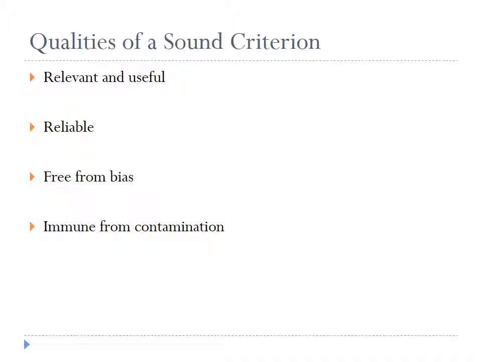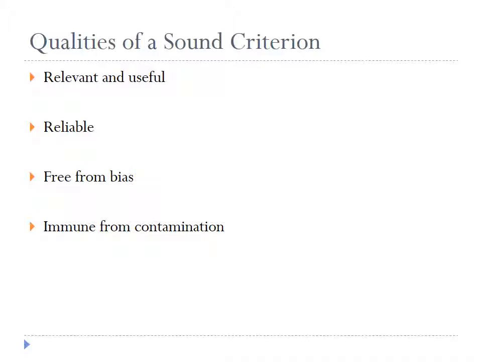When selecting criterion, there are a couple of items you should look for. Criterion should be relevant and useful. There should be a rationale for why they were determined and how they help our understanding of a concept or a client. They should be reliable, consistent from situation to situation, individual to individual.